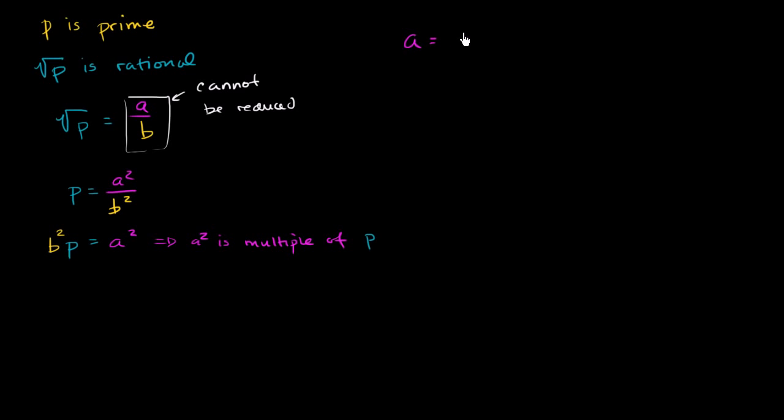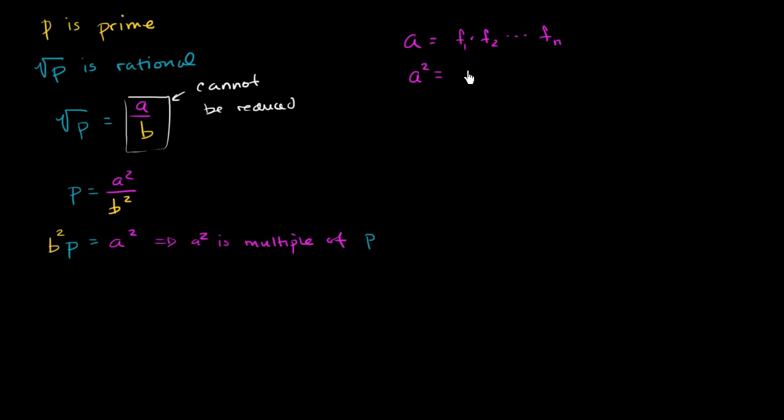So let's say that I have my first prime factor f1 times my second prime factor f2 all the way to my nth prime factor fn. And I don't know how many prime factors a actually has. I'm just saying that a is some integer right over here. So if that's the prime factorization of a, what is the prime factorization of a squared going to be? Well, a squared is just a times a.